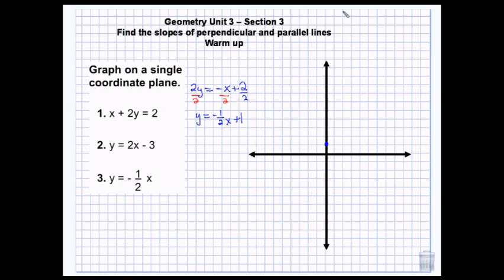Now, if your slope is negative, go down and then right. If your slope is positive, you go up and then right. Because I'm negative, I'm going to go down 1 over 2. Down 1 over 2, down 1 over 2, etc., until you have enough points to draw a nice pretty line.